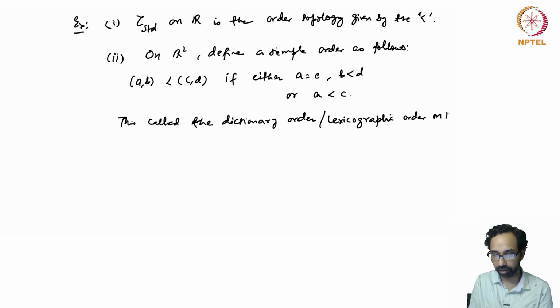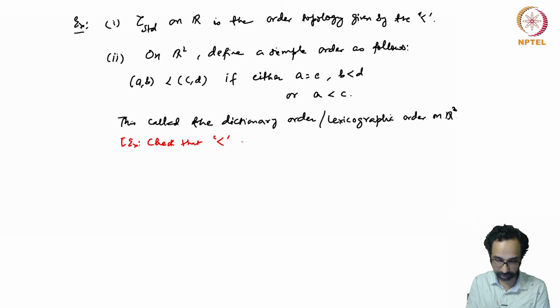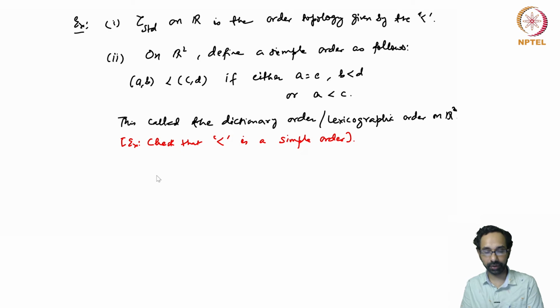And one can check that it is indeed a simple order. So I'll leave this as an exercise to check that this less than relation is a simple order. So you have to check the three properties, namely non-reflexivity, transitivity, and comparability.